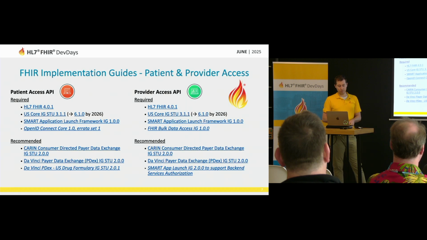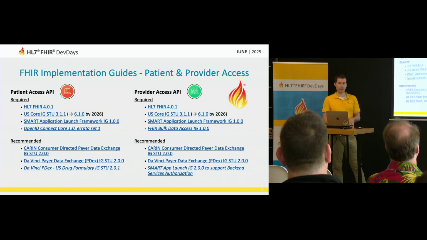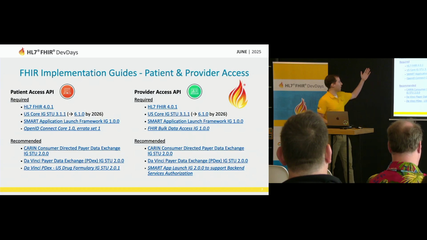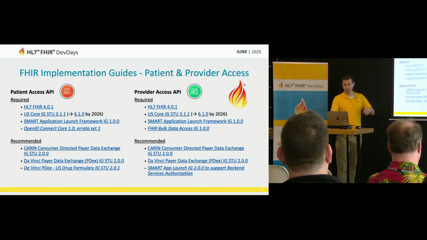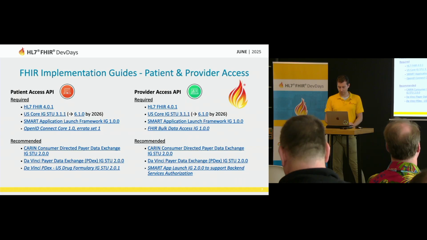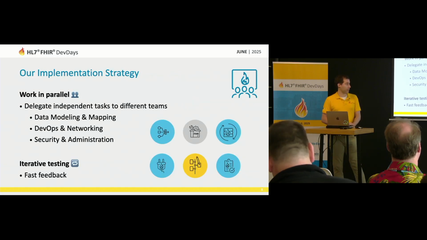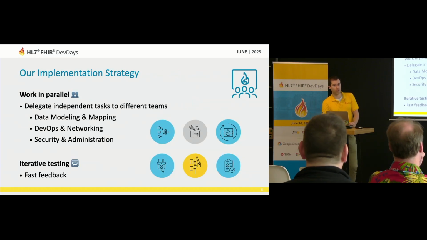And again, many of these overlap with IGs that are required by the other CMS APIs. And I believe you have the slides in Whova, because I have a lot of information on here. And of course, I did include links to all of these. Hopefully that's helpful. Before we get into implementation, I want to suggest an overall strategy.